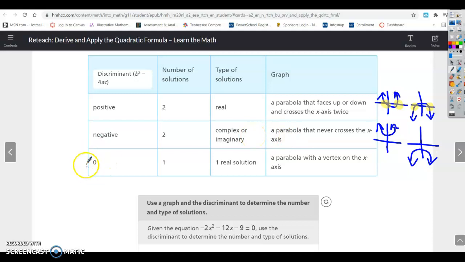Alright, if the discriminant is 0, if you look at the graph, it's going to come up and touch, and you're going to have one solution at the vertex. Okay? It could be facing up as well. And it doesn't have to be at the origin, but you're going to have one solution at the vertex. Alright, so this information here is all important and useful information. So make sure you take note of that.